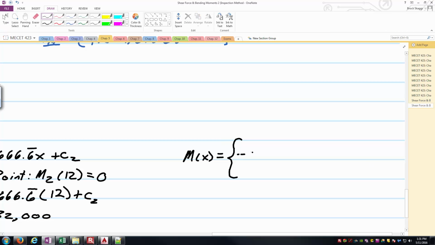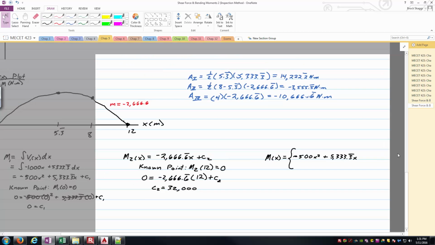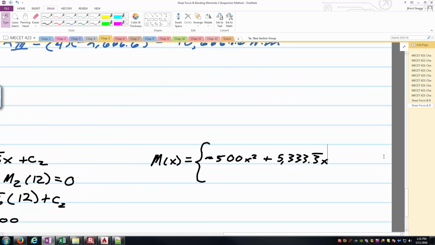So quickly write that in, negative 500x squared plus 5,333.3x.